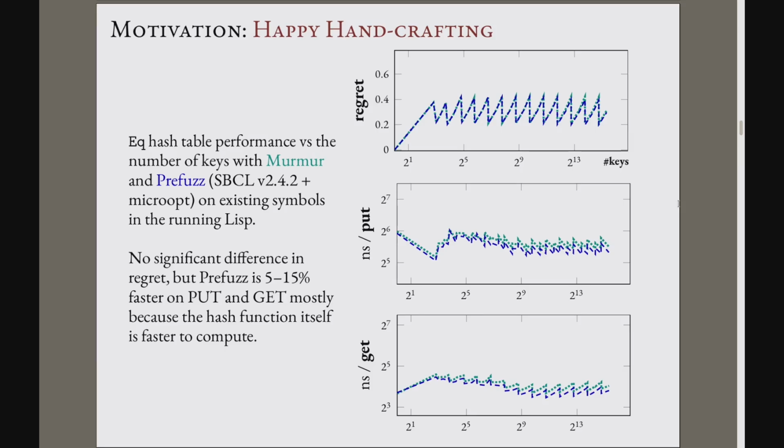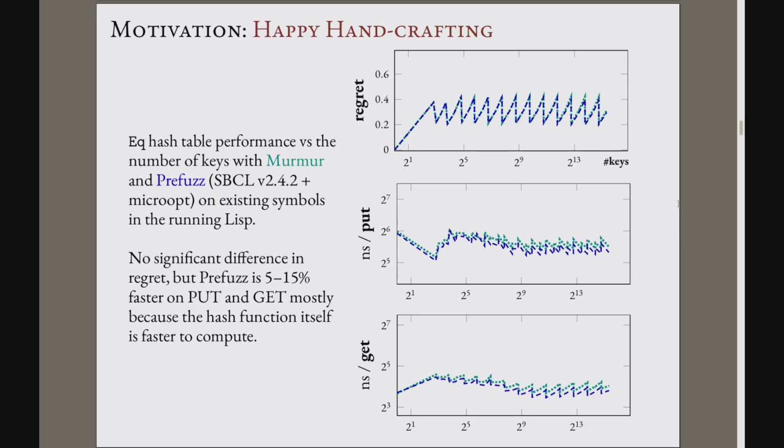The two lines are basically identical, and the wiggliness is due to the hash table storage being resized as keys are added. So on the x-axis, the number of keys. Regret is what is dictated by theory, basically.